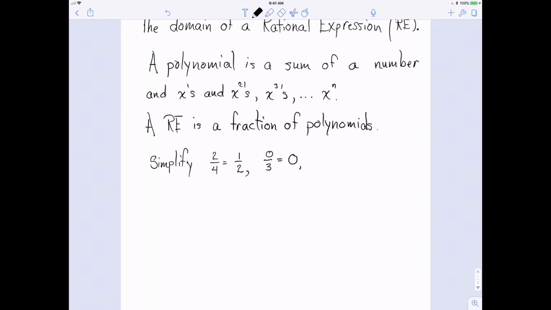Finally, we're going to try one more example. What happens if we switch the 0 and the 3? So we have 3/0.